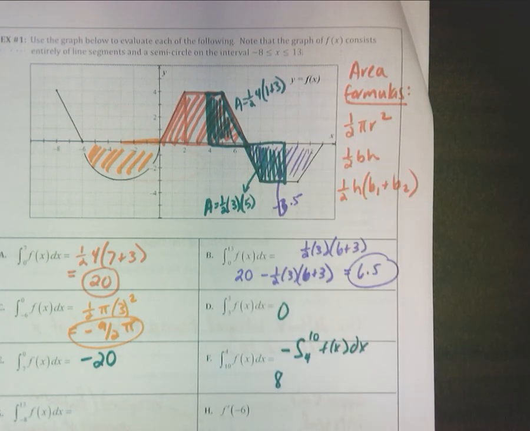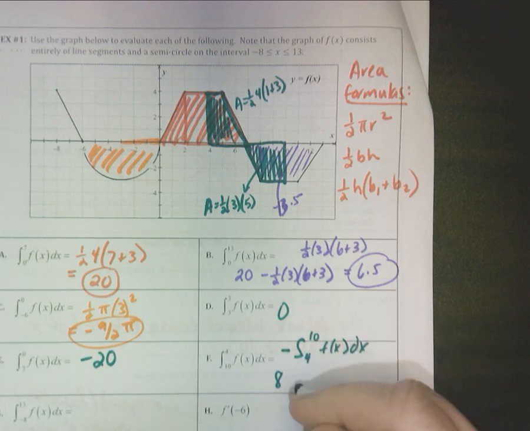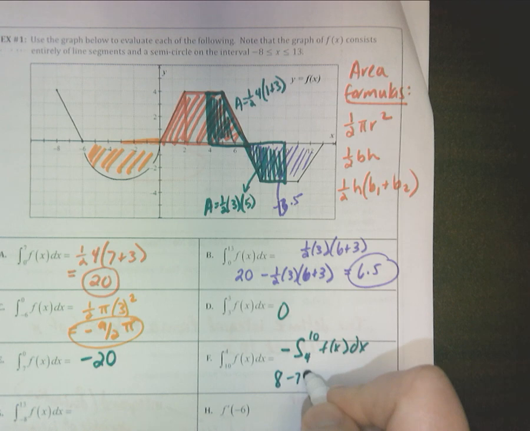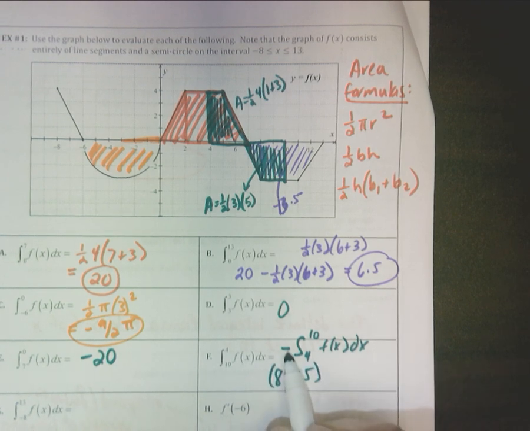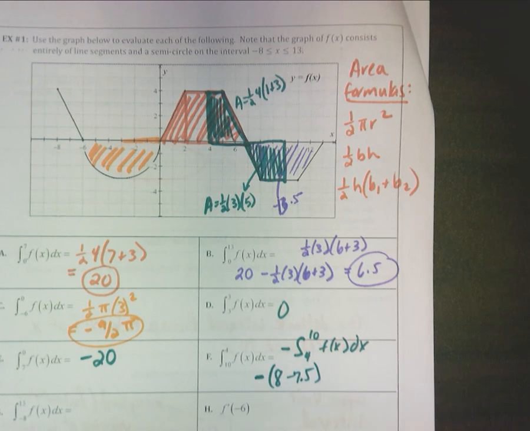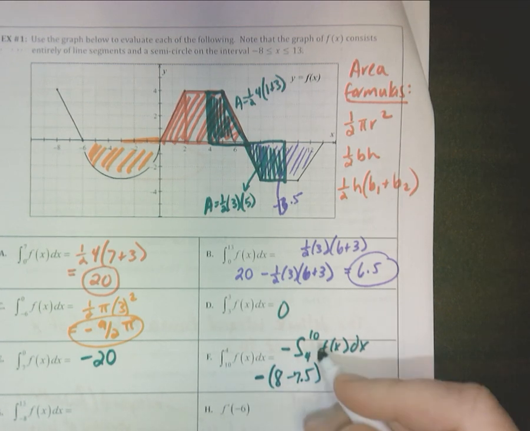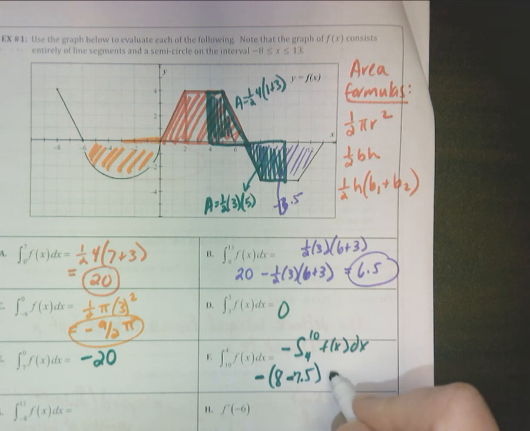Half of 3 times 5 is half of 15, which is 7.5. So we are going to minus 7.5. And don't forget, we pulled out this negative because we had the a and the b backwards. So my final answer is negative 1/2.